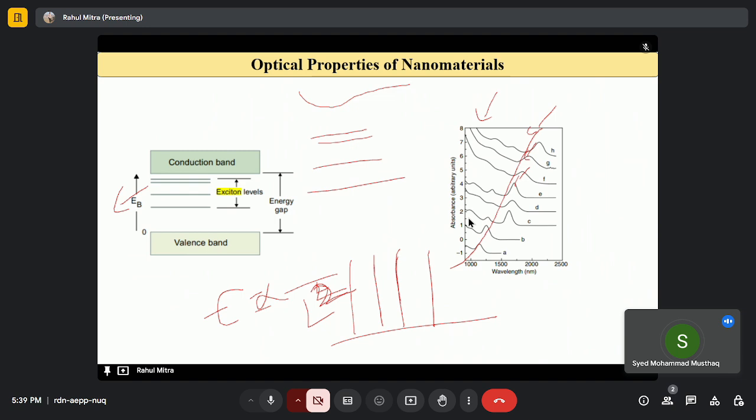So to understand more deeply the influence of excitons, two regimes of confinement might be identified, namely a weak confinement and a strong confinement regime.